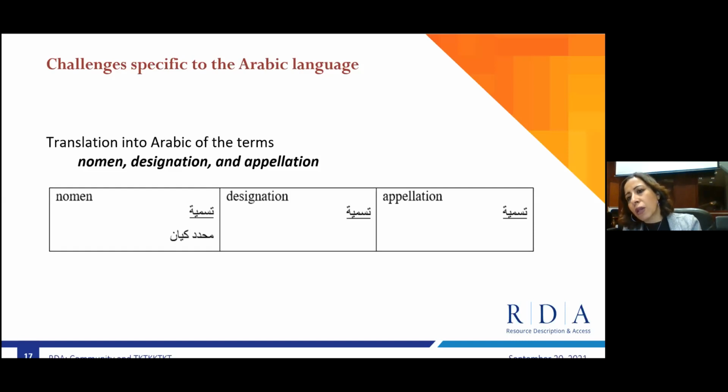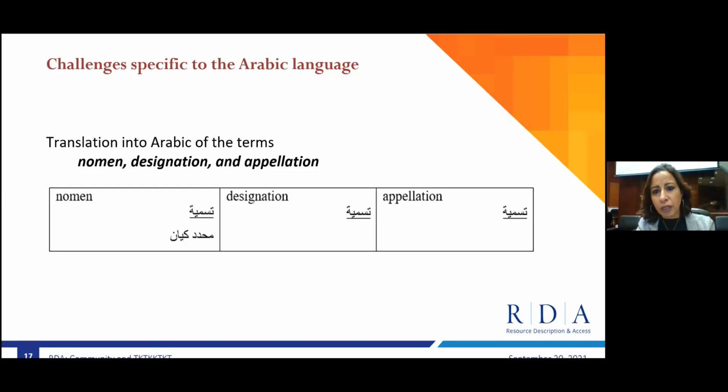So this is another problem that we face in Arabic, that we need to introduce an Arabic term that's familiar to the catalogers community. Because when you bring up a new term, they get confused and they don't know the specification and the identification of this word. And also the connotation of some words, and how they translate this word in their minds, so they can use it appropriately. This was one of the problems.